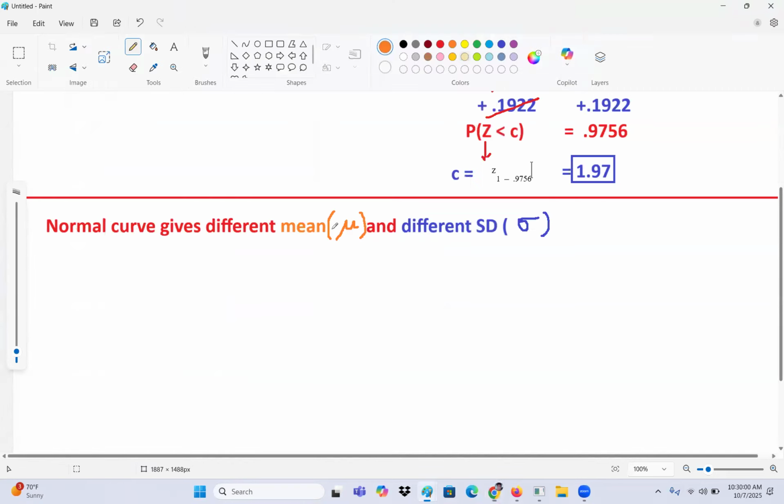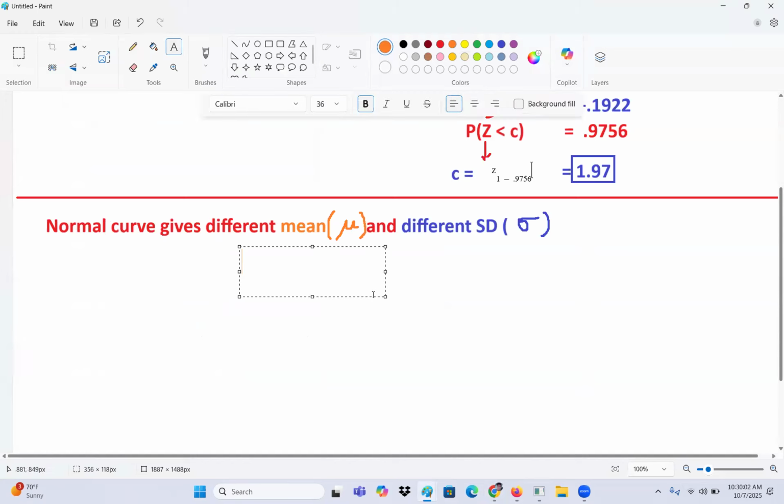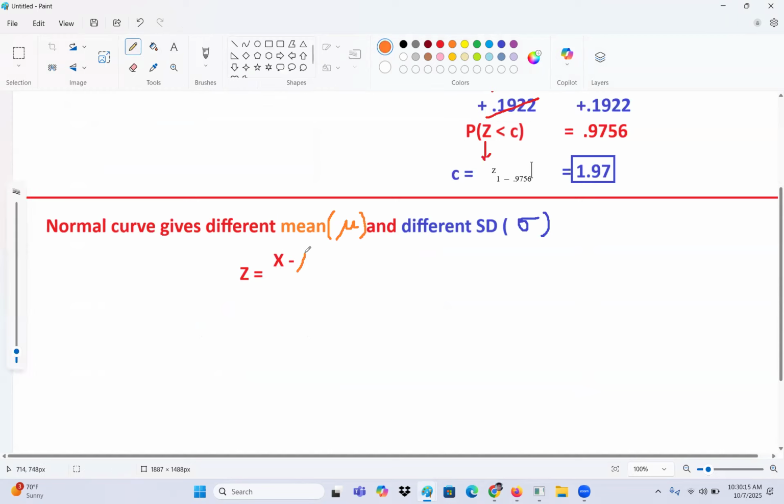So we can always convert to the standard normal by taking the x. If x is smaller than a negative number, then that means that we have no solution. Subtract the mean. Bigger than a negative number, that means that we can always shift the index back to 0 and 1. Back to the mean equal to 0 and the standard deviation equal to 1. And divide by the standard deviation.